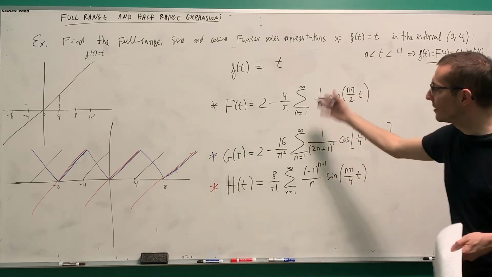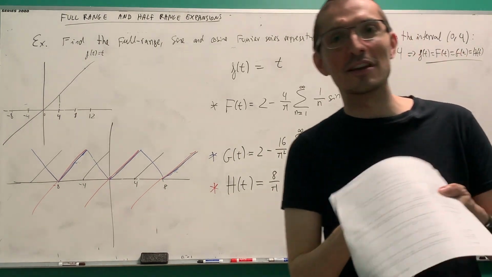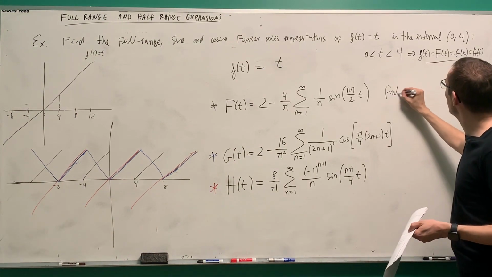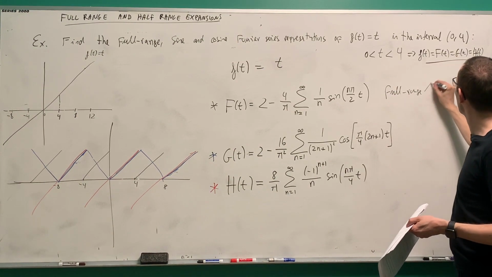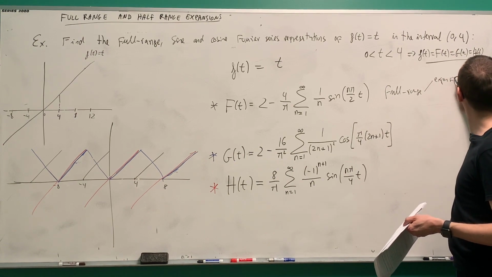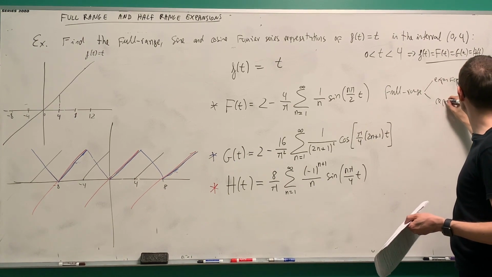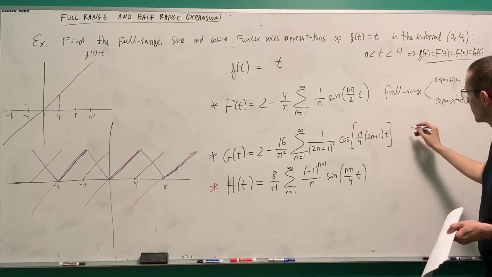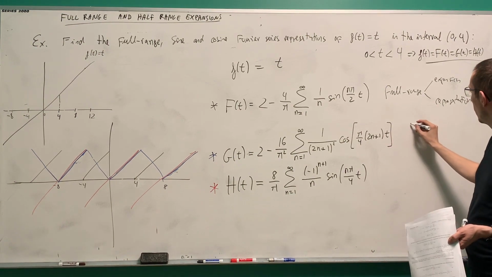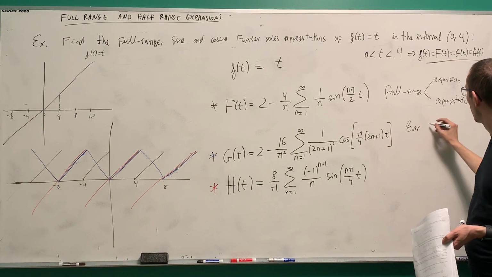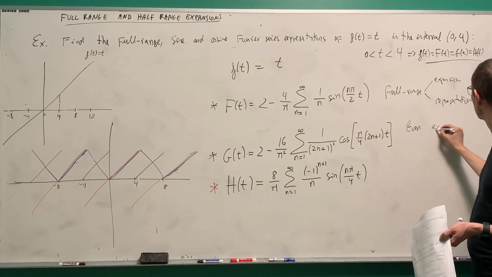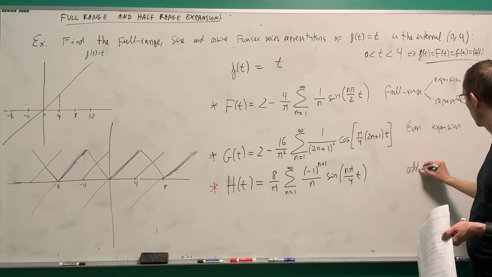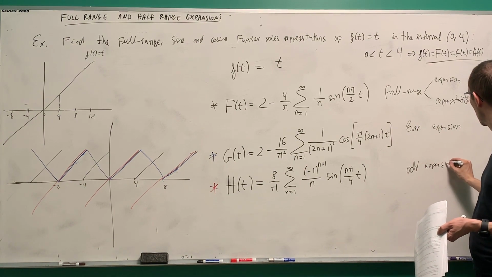So these are different but valid coincident Fourier series in that interval. This is the full range expansion or representation. This is the even expansion. This is the odd expansion.